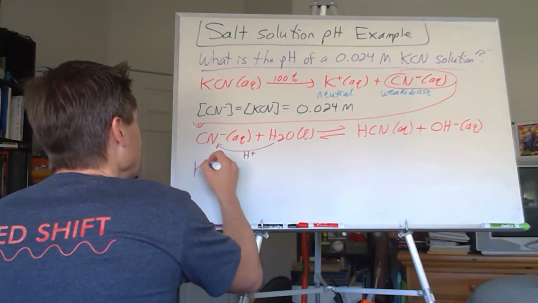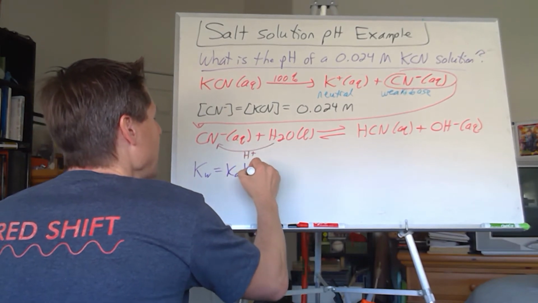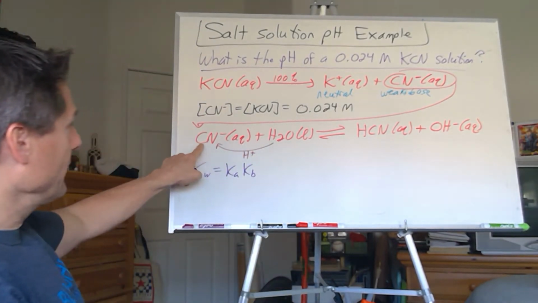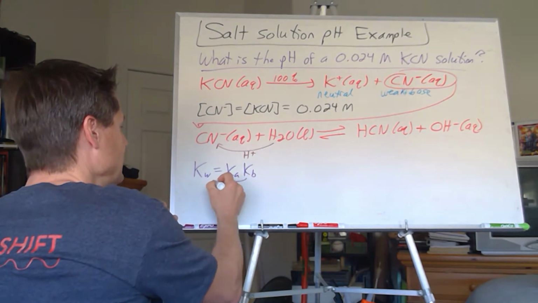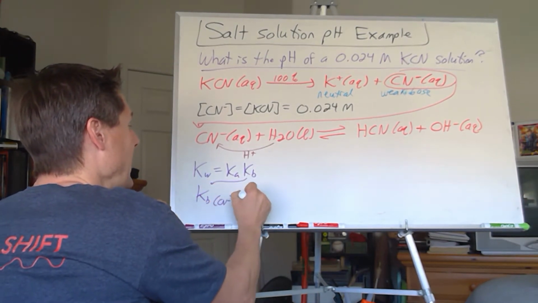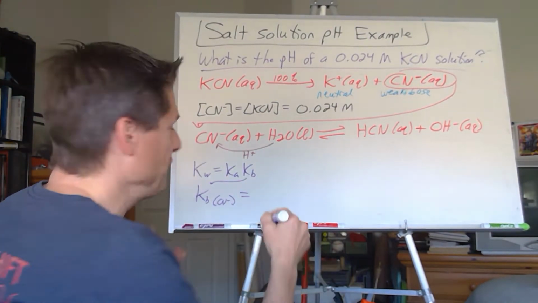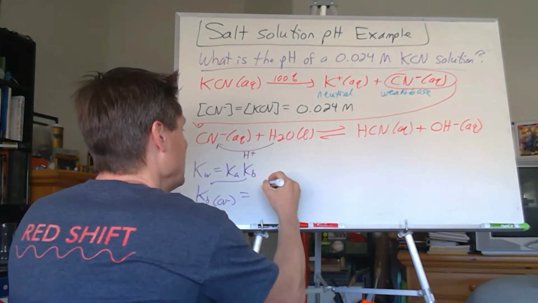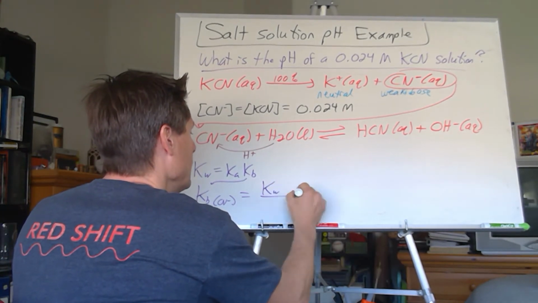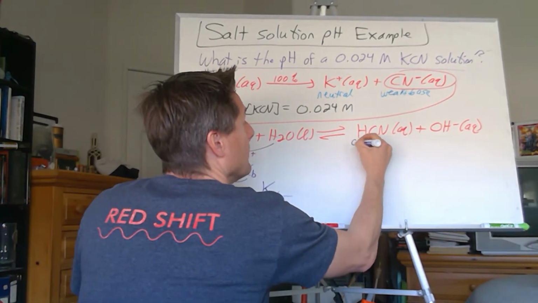So we know that Kw is Ka times Kb. And we are after the Kb for this. So let's bring that down. So Kb for the cyanide ion will be Kw over Ka of the conjugate. We just did this in the last video twice.